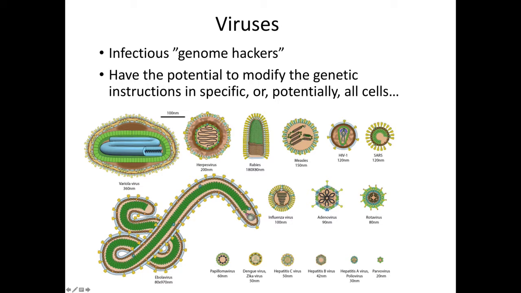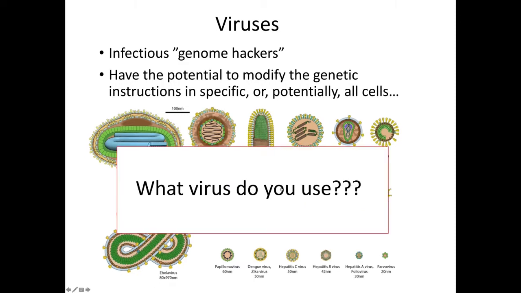All of these have the ability to potentially modify the genomes of who they infect. So the question is, if one were to think about trying to modify the genetic constitution of an individual using a virus, now that sounds dangerous, what virus would you use? That's the topic of what we're going to discuss today.